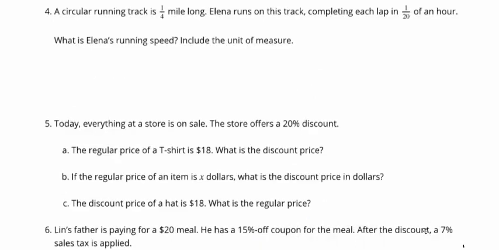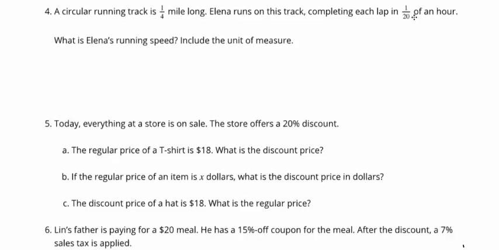Okay, number 4. A circular running track is 1/4 of a mile long. Elena runs on this track, completing each lap in 1/20th of an hour. What is Elena's running speed? Include the unit of measure. So we know the distance of the track is 1/4 of a mile, and it takes her 1/20th of an hour to run that 1/4 of a mile.